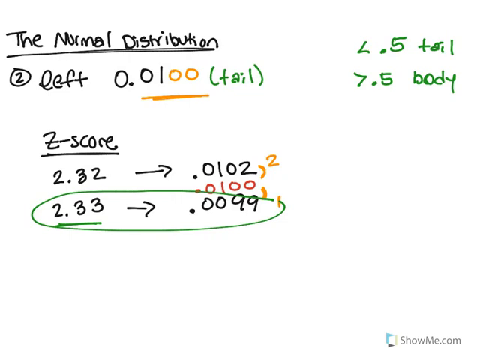That's the process. They're not going to probably be directly on this table. So you have to find where it would fit in between and go with the one that's closest to it, okay? So does everybody understand why we're going with 2.33 as our z-score?